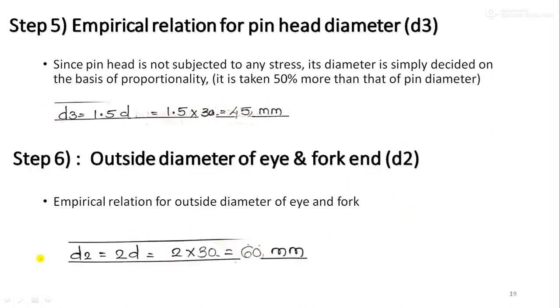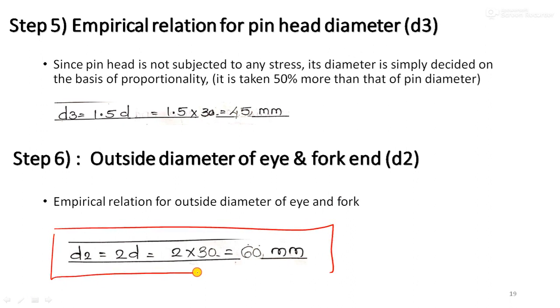How will you calculate this? d2 is equal to the empirical relation, twice of d. Is it clear? So d3 is equal to 1.5 times d, and d2 is equal to 2d. And d we have already calculated as 30 mm.